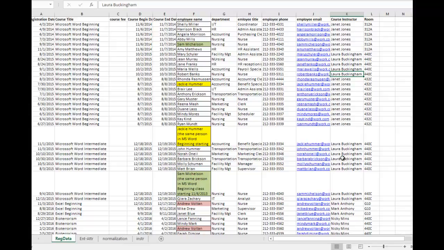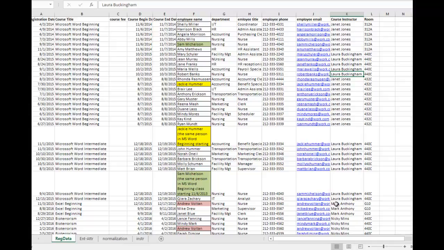So what does this mean? Remember that the first normal form says that each column stores one value only. Here in this column, we have two values stored, the first name and the last name. Just by looking at this data, you may be asking, what is the big deal?